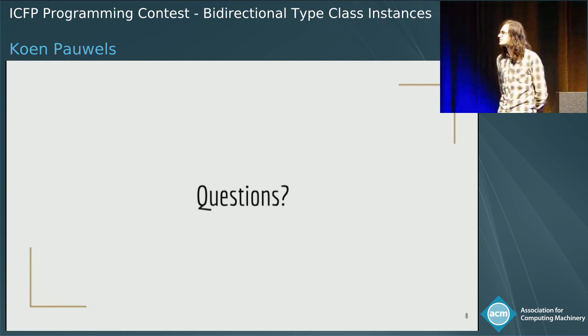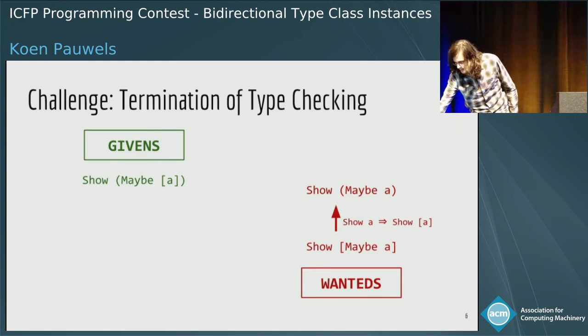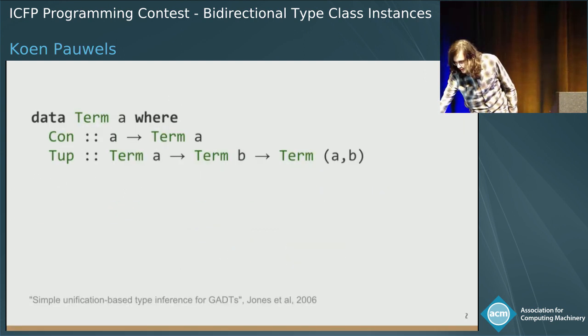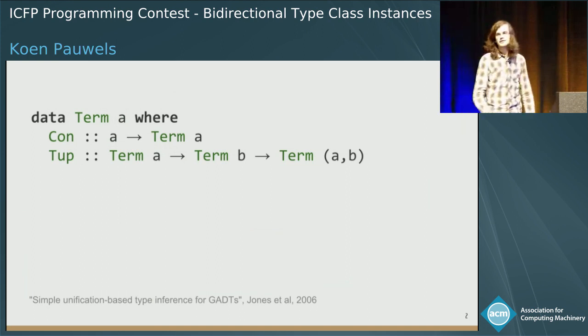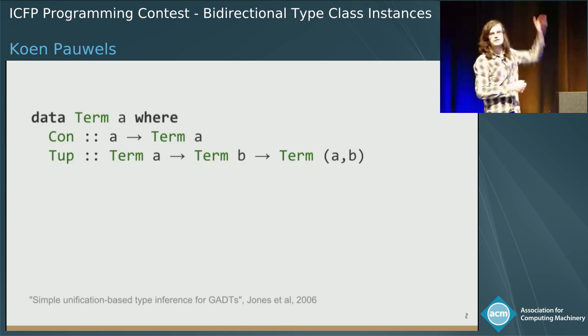I'm also curious about what kinds of workarounds people currently use when running into the issues like the ones that you showed at the beginning. One of the things you can do, if you have your data type declaration, you could, for example, bake in the constraint in each of the constructors. But of course, that's very ad hoc, right?